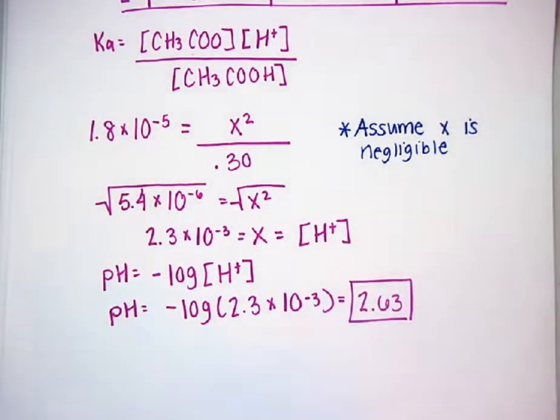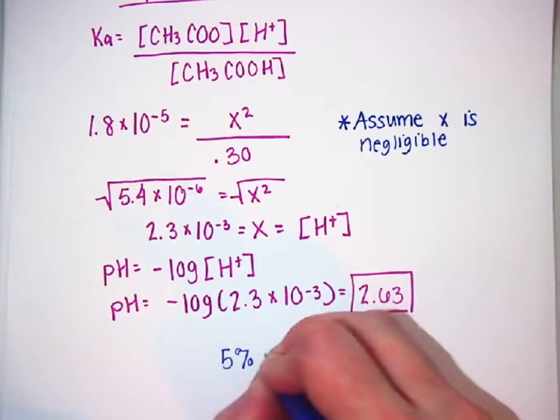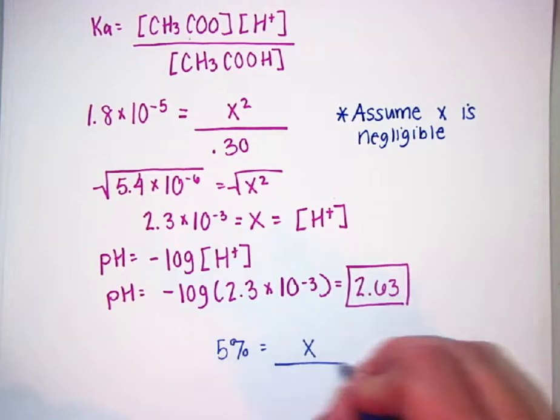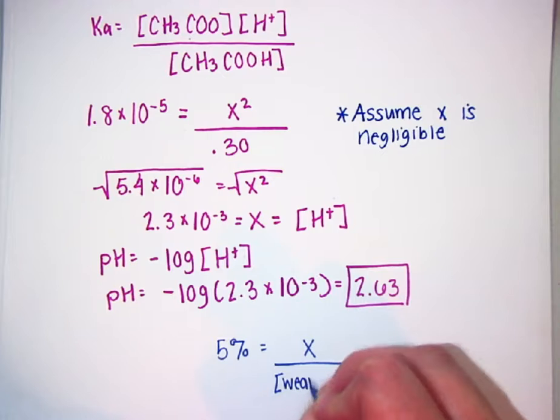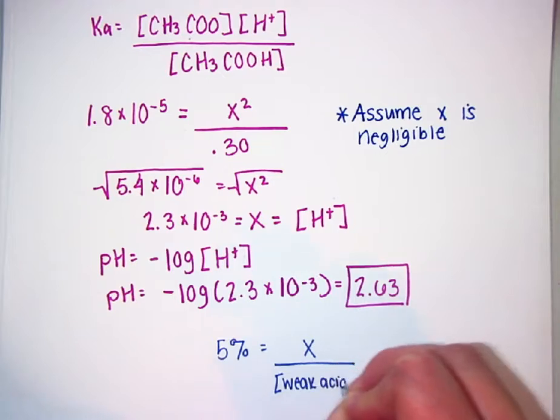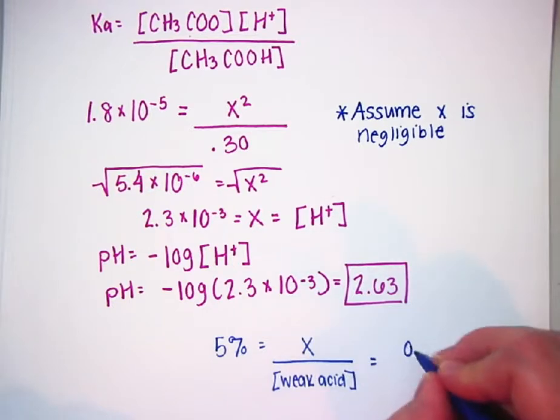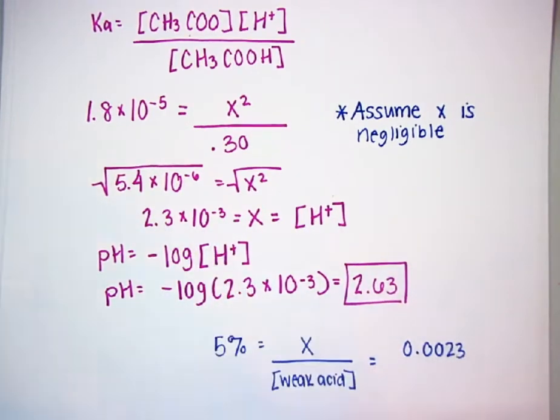All right, let's go back and talk about why we can assume x is negligible. It's not always negligible, and this comes down to what's called the 5% rule. So what we're going to do is take x and divide it by the concentration of the weak acid. We solved x to be 0.0023, 2.3 times 10 to the negative third.